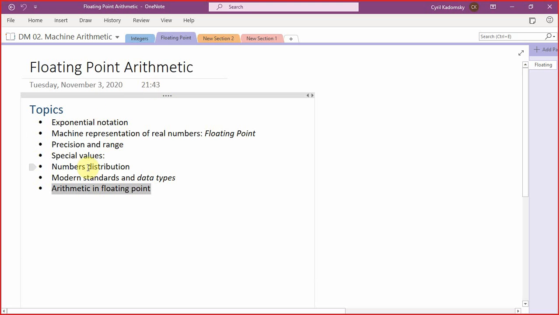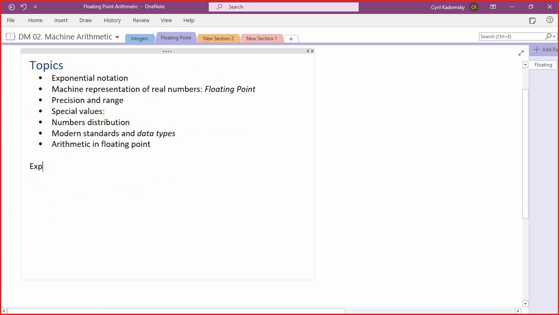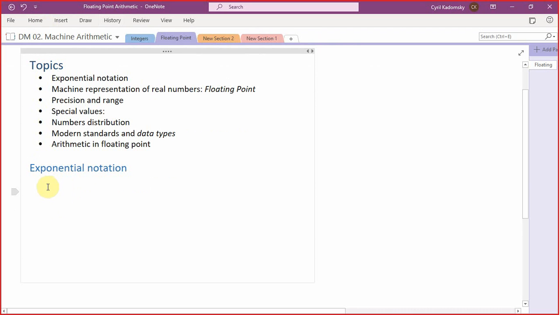So first, the subtopic for today is exponential notation. What it is actually is a way, a technology, of representing real numbers.